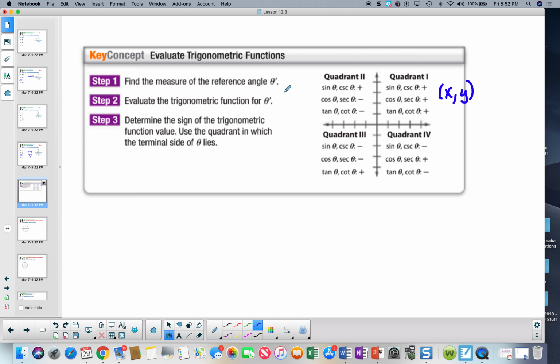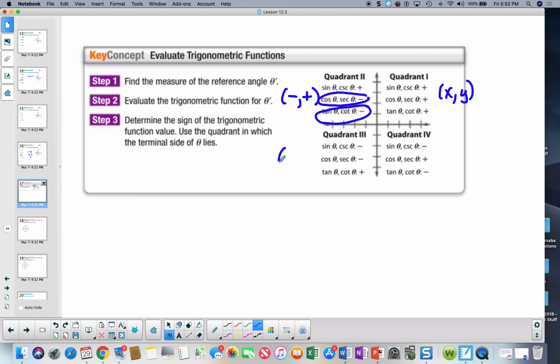Over here, our x is going to be a negative value, and our y is going to be a positive value. So every time we use x, we're going to have a negative value. So anytime the x is being used, which is this and this, they're going to be negative values.